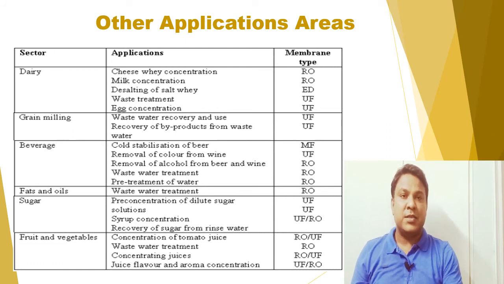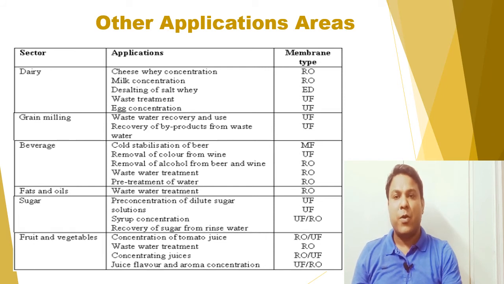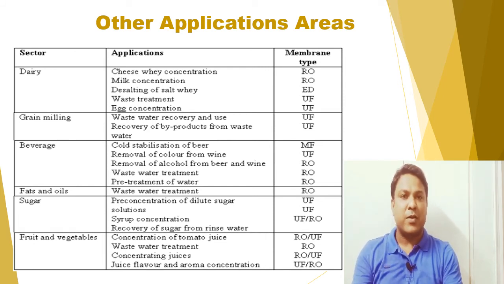The beverage industry is largely using the technology of membrane separation for the cold separation, stabilization of beer with the help of simple microfiltration, then removal of color from wine using ultrafiltration, removal of alcohol from beer and wine using RO, and wastewater treatment and pre-treatment of water, like other industries, is most commonly used. Similarly, in fats and oil, for wastewater treatment we use reverse osmosis.